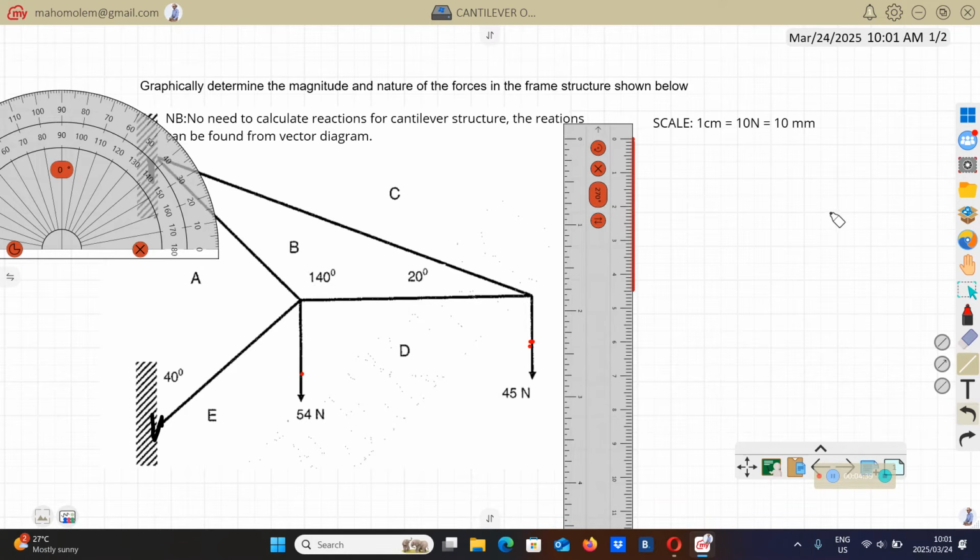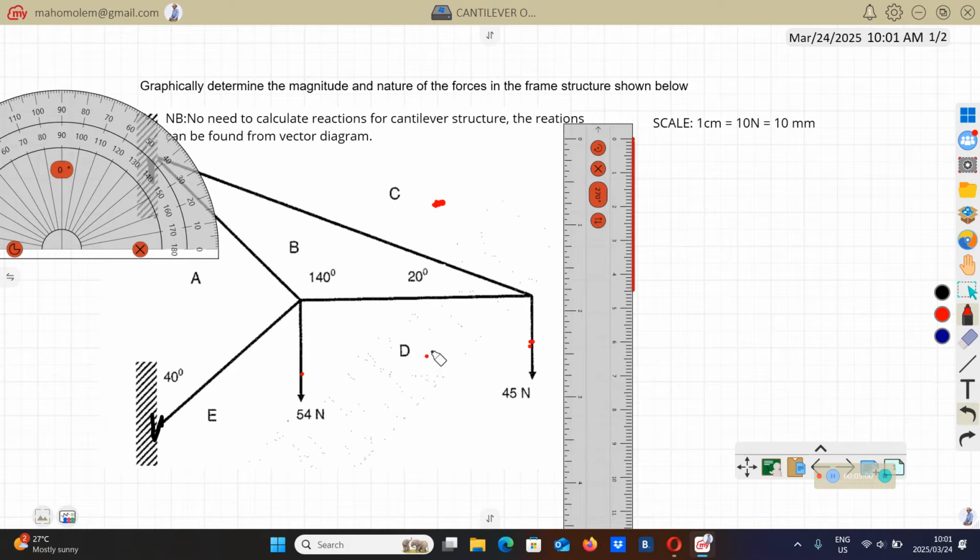So that's what you must do. We start from the top going down because this force is acting down. So your line must be drawn going down. As you can see, this line is between the space C and D.